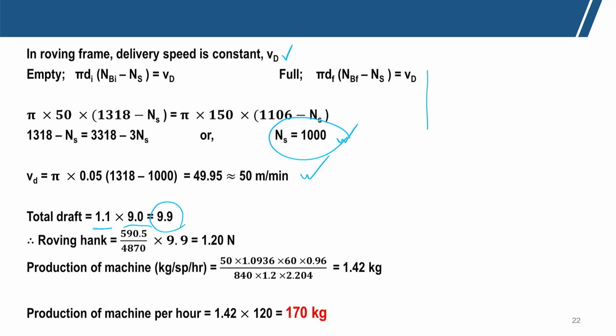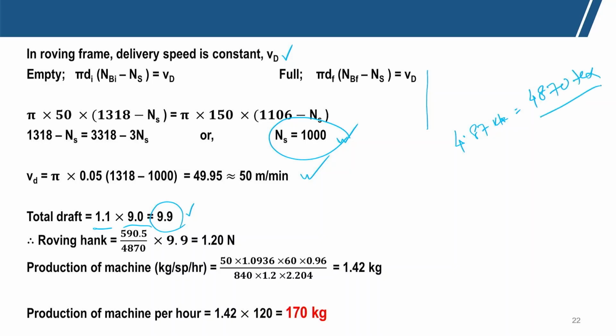9.9. So 9.9 is the total draft. The sliver is 4.87 kilotex, which means 4870 tex.